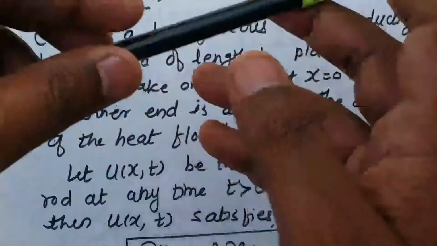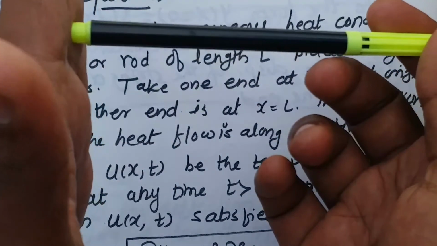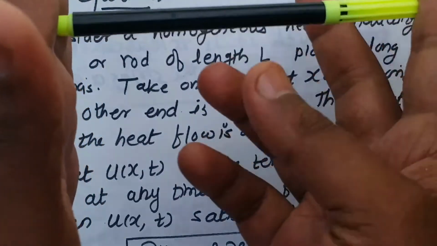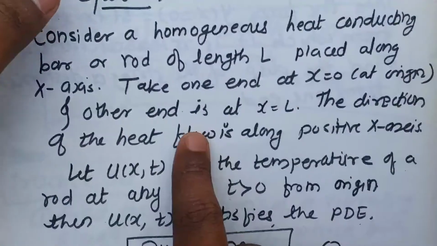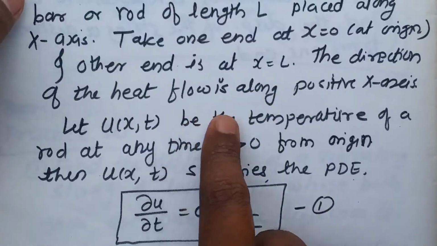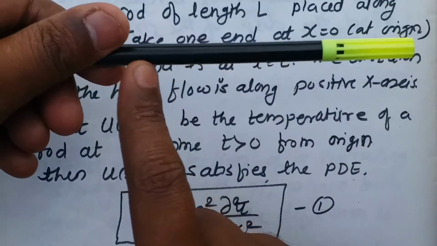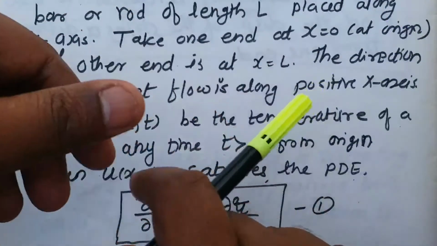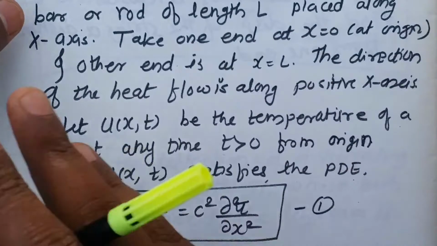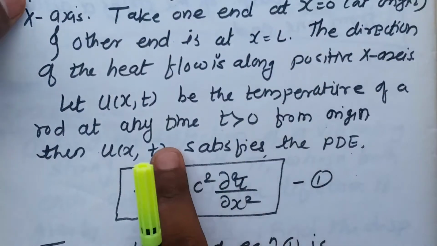At the origin the value of x will be 0, and at the second boundary point it will be L. The direction of the heat flow is along the positive x-axis, which means the heat through this bar will flow from the origin to the second boundary point, in the direction of the positive x-axis.